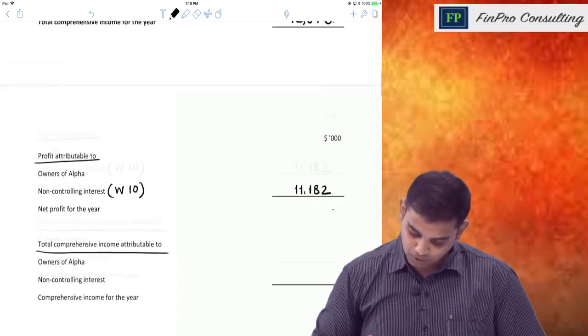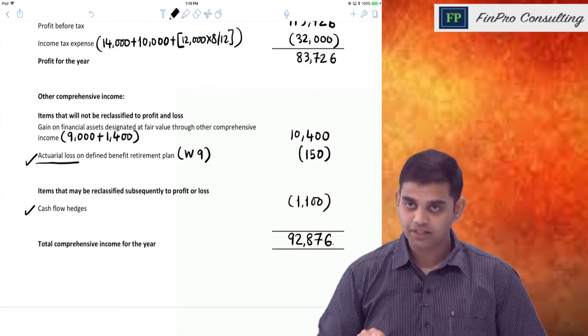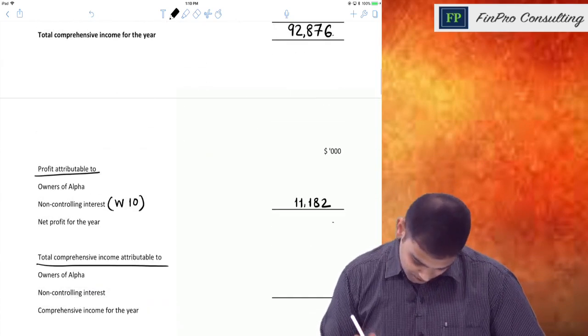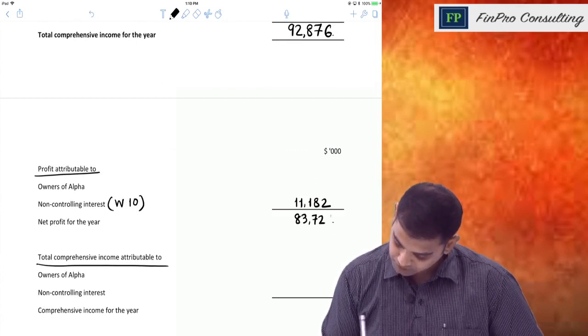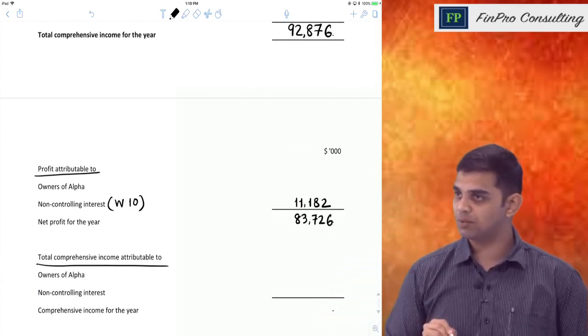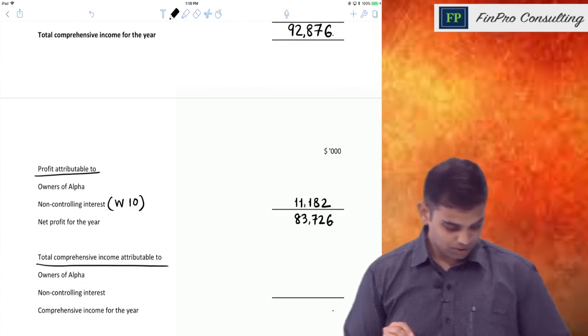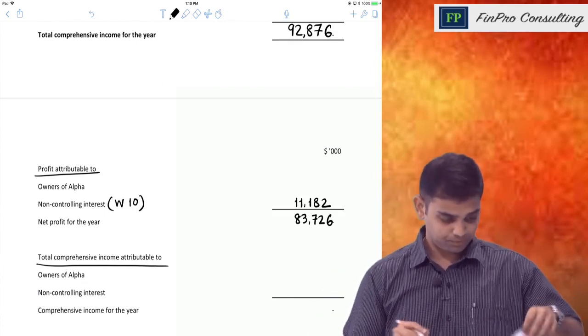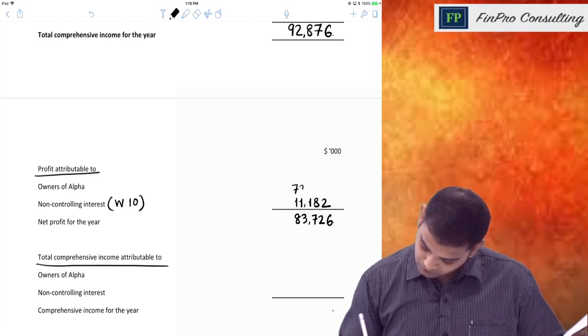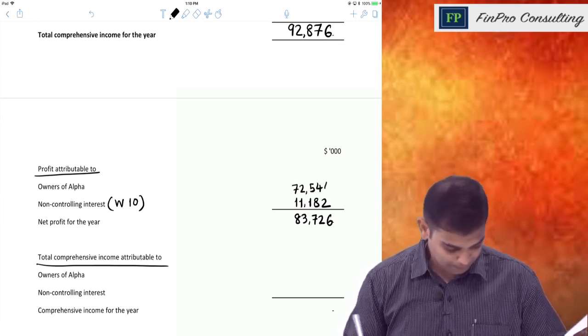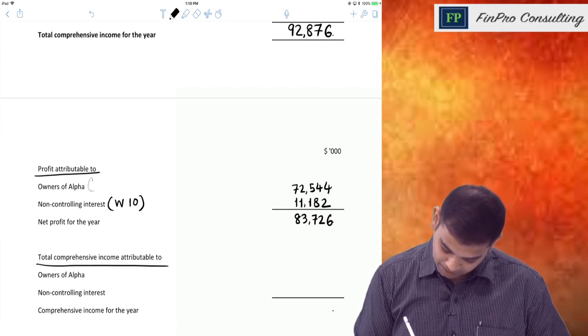What is my total profit? 83,726. So net profit for the year was 83,726. That means the balance is attributable to owners. So what is the amount? 72,544. So that is a balancing amount.